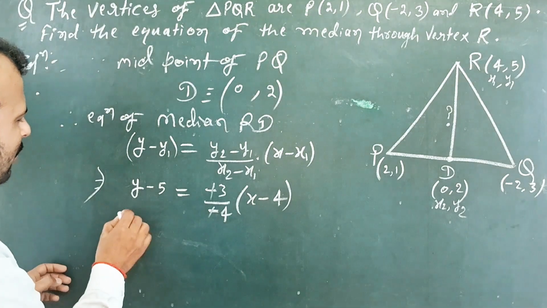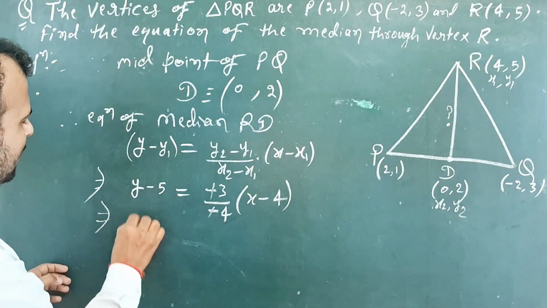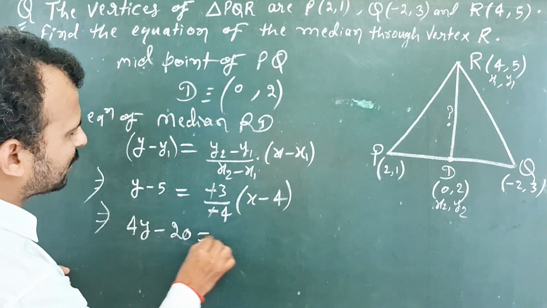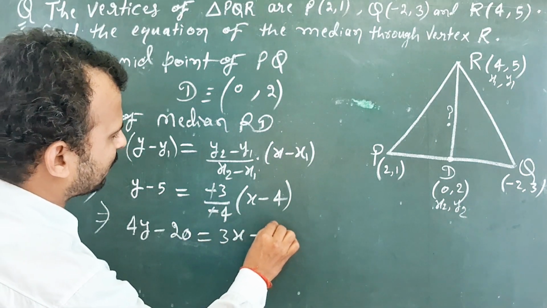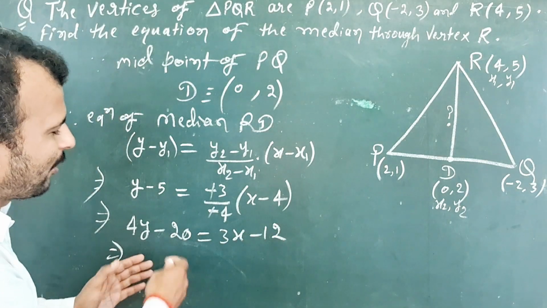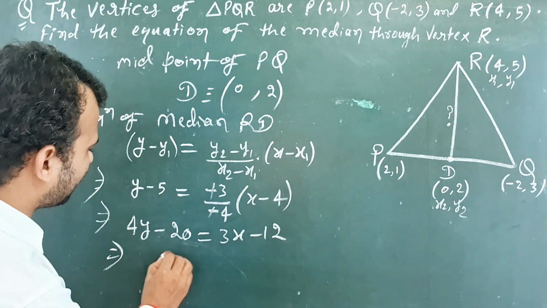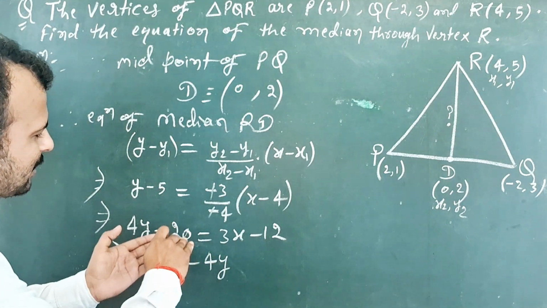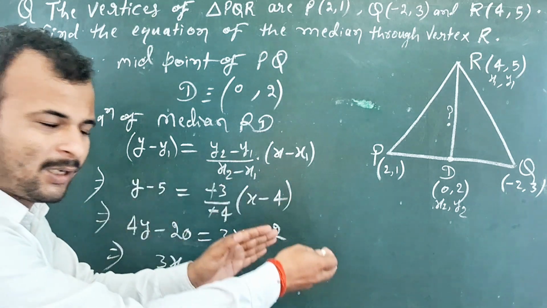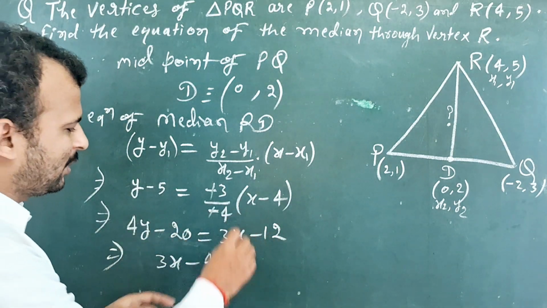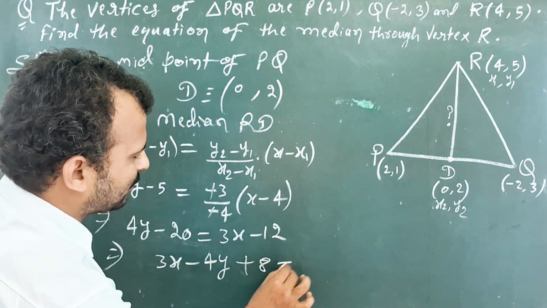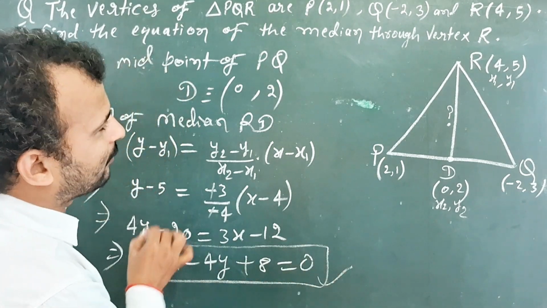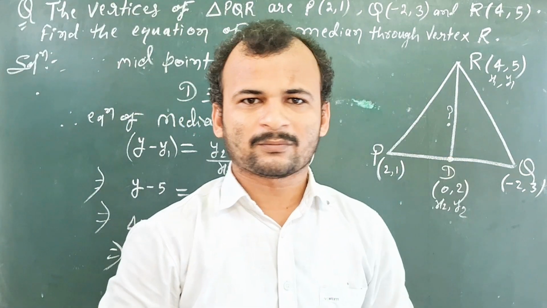And now we cross multiply here and we get 4y minus 20 equals 3x minus 12. And after this we take all the terms on one side and we write here 3x minus 4y, and we take minus 20 also to the right hand side, then we get 20 minus 12, this is 8, equals 0. This is the required equation of median RD.